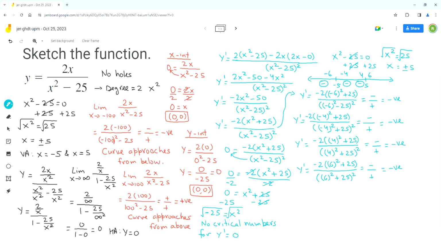That means the function is decreasing on the right side of critical number x equals 5. Now we can do the point of inflection analysis by finding the second derivative of this function, but that will be a very complicated expression. And since we have done all the analysis up to the critical point, we can sketch the function.